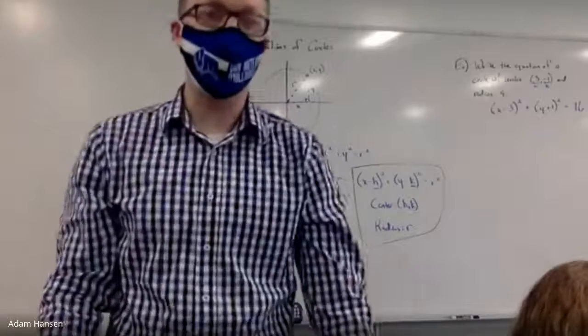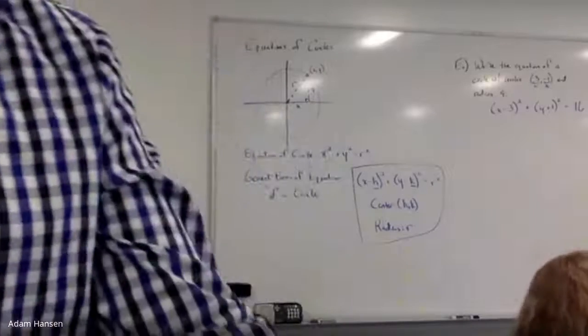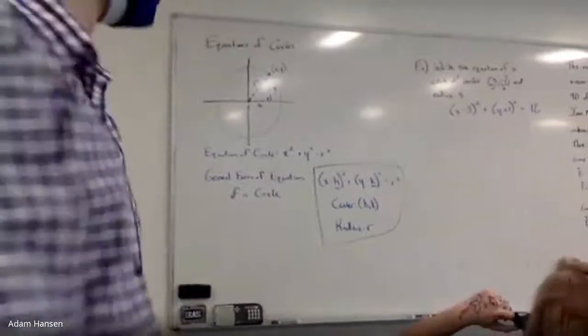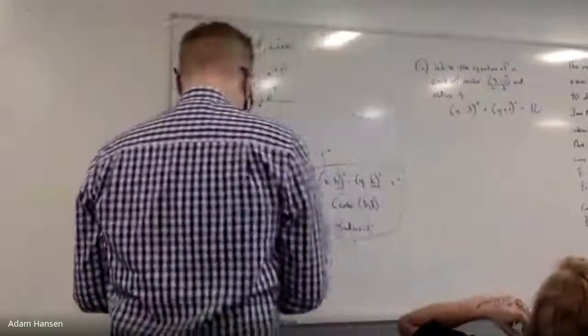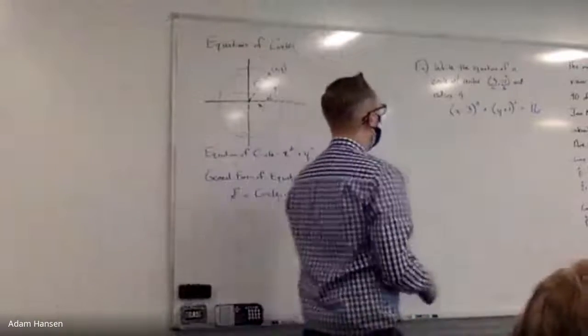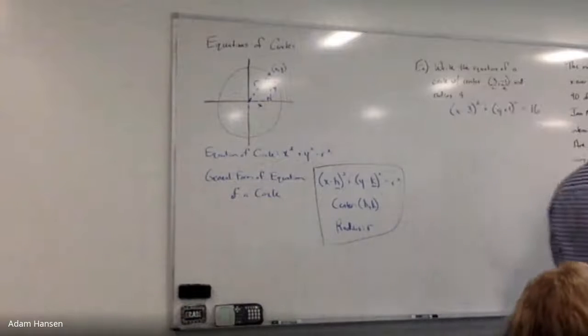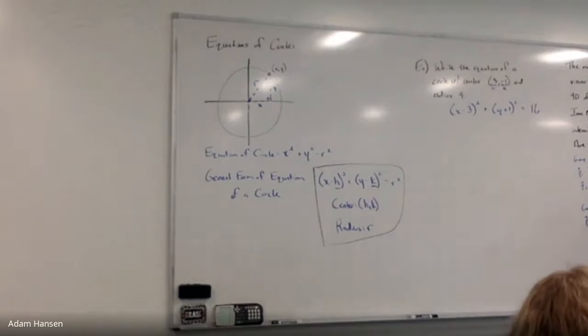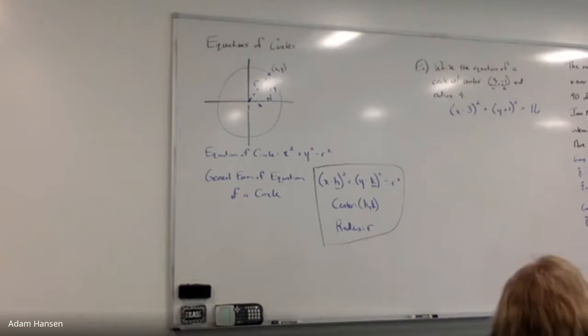There's the equation of the circle that matches the description in the question. For a center of 3, -1 and radius 4, the equation of the circle to match would be quantity x minus 3 squared plus y plus 1 squared equals 16.